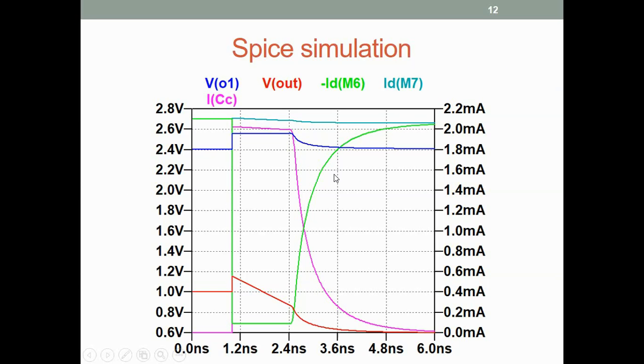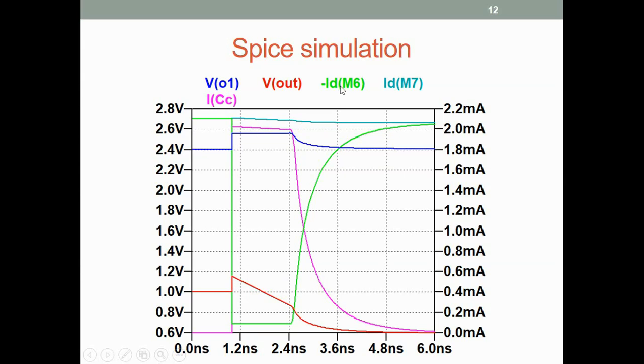So here is the simulation result. The switching occurs at this point, 1 nanosecond. Before the switching, VO1 was 2.4, V out was, okay, here it is 1 volt, it doesn't matter. It could be 1.5. I've made it 1 volt, not relevant. Both are jumping up. So VO1 jumps up from 2.4 to nearly 2.55. So M6 turns off.